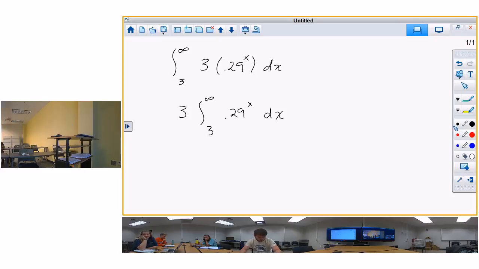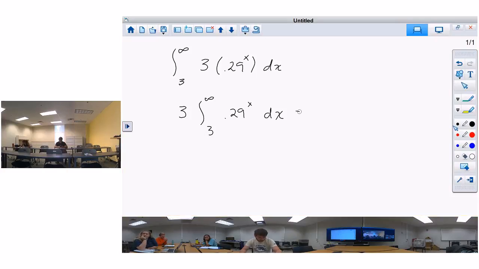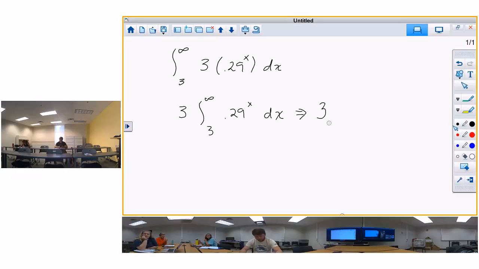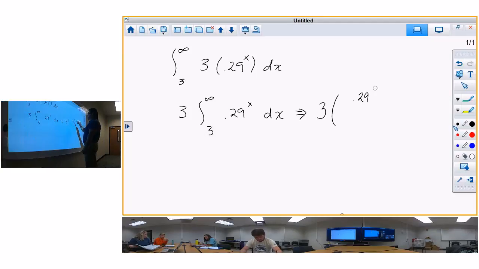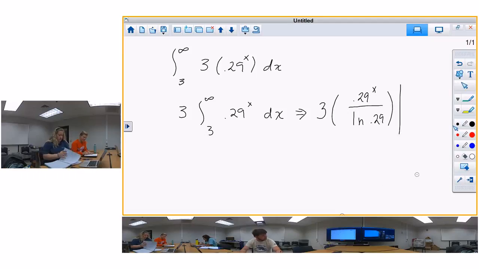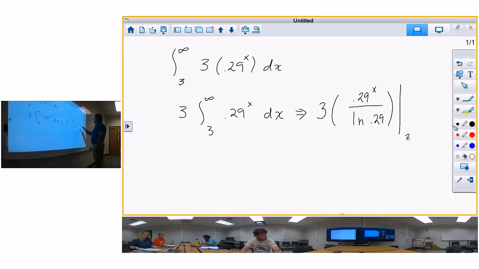Yeah. So we got 3 times, and what is the antiderivative of 0.29 to the x power? 0.29 to the x power over natural log of 0.29, evaluated at 3 and infinity.